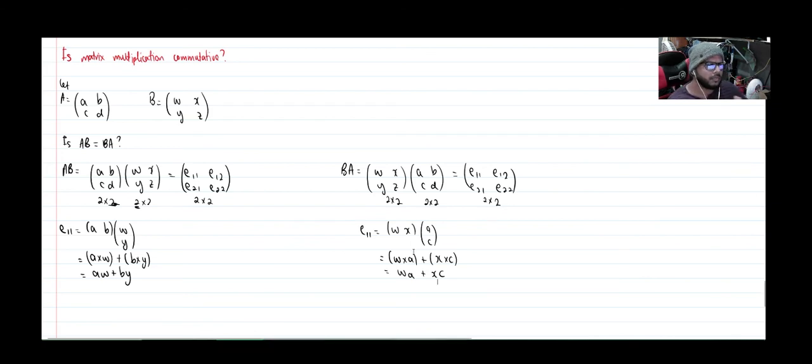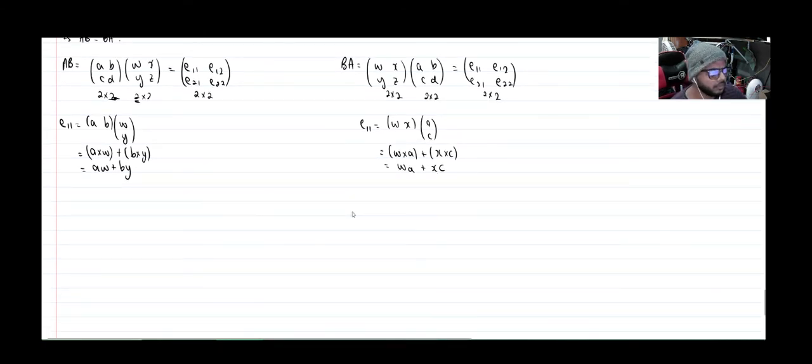So E11 from the matrix multiplication AB is not equal to E11 from the matrix multiplication BA, which means that these two matrices are not equal to each other. You can take the exercise, plug in numbers for A, B, C, D, W, X, Y, Z, and calculate the entries.